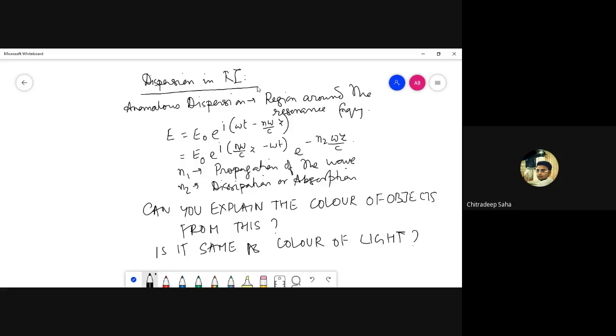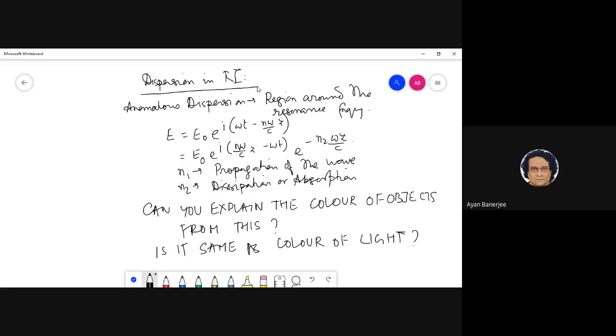Are they complementary in nature? Exactly. That is actually the answer. The color of an object is actually a complementary color. Please, let us discuss this tomorrow.